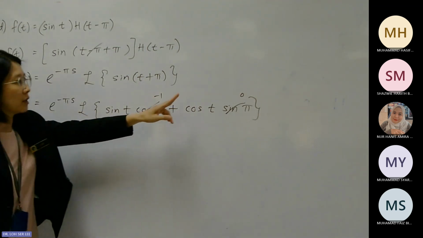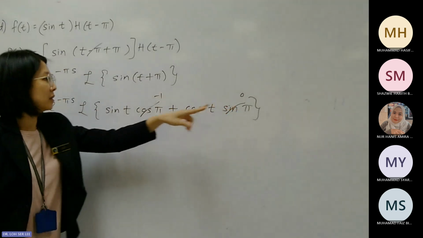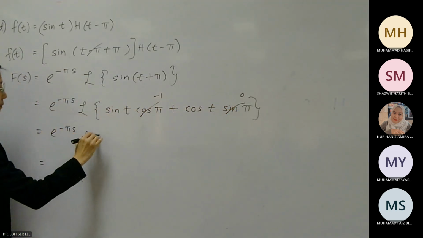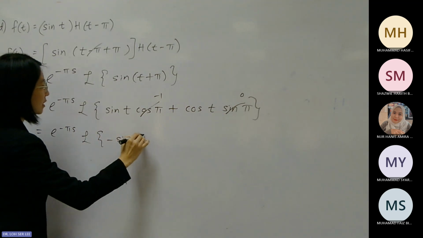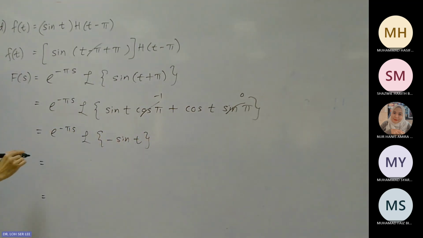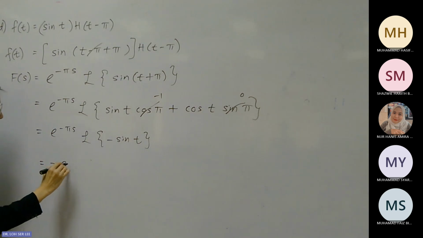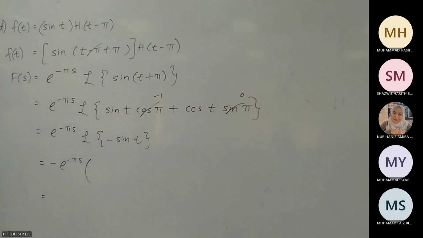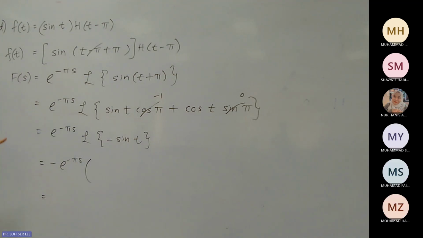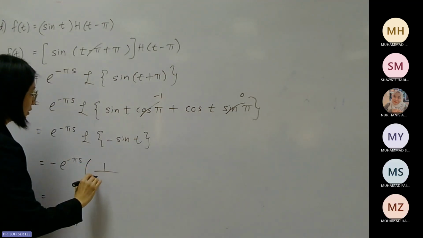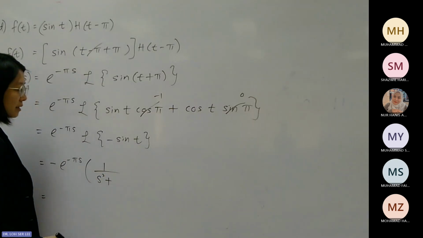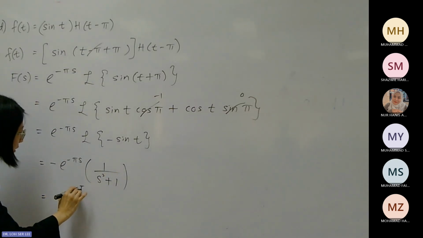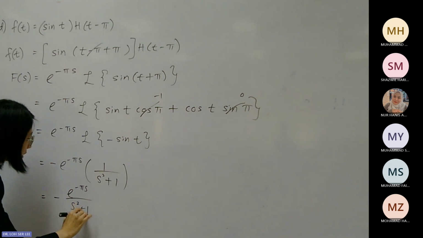So 0 times cos t, negative 1 times sine t, we have negative sine t. So we can take out the negative. Laplace of sine t is 1 over s squared plus 1. So this is the answer: negative e to the negative pi s over s squared plus 1.